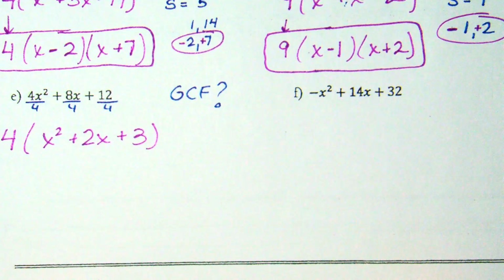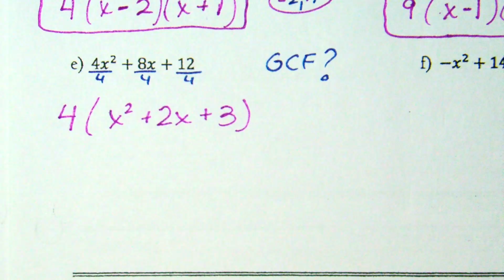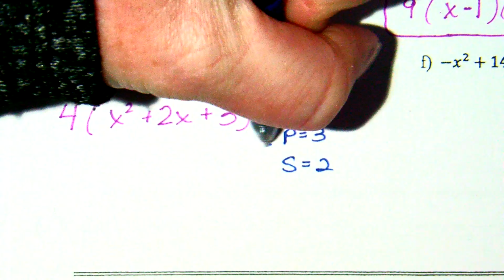Oops, I'm kind of off the edge of the screen there. Okay, same old question. Am I done? Yes. Wait a minute. We're done. Okay, so again, there are differing opinions. What are we checking to decide? Product of 3, sum of 2.